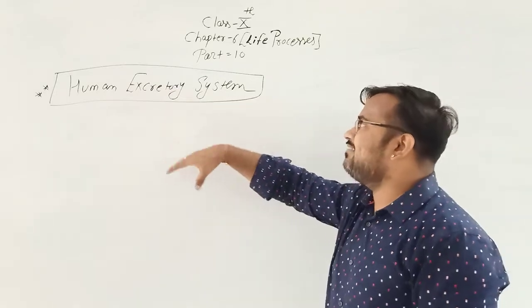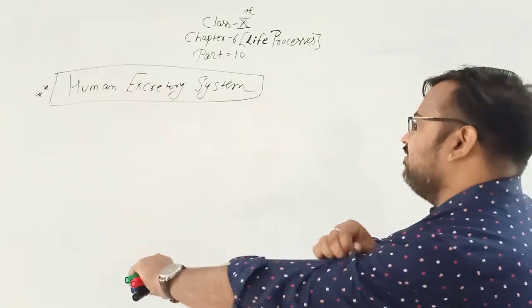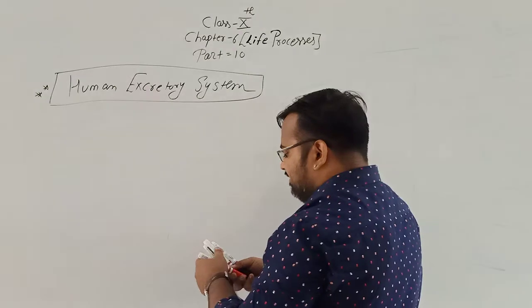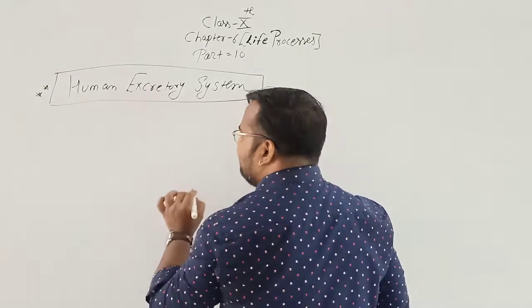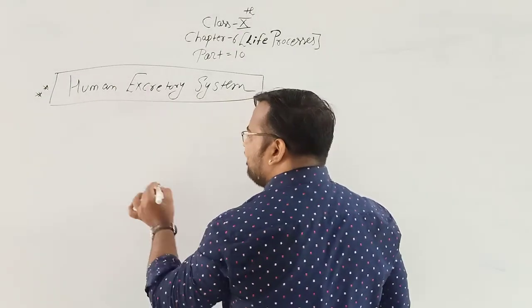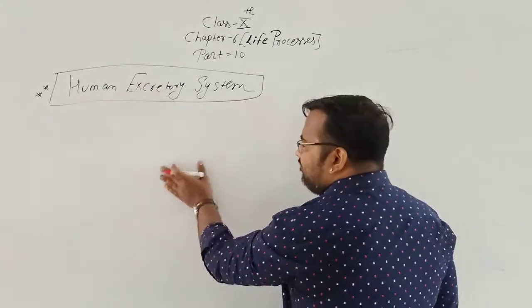Now, the human excretory system contains the following parts. In the human excretory system there is a diagram. By the diagram you can understand.